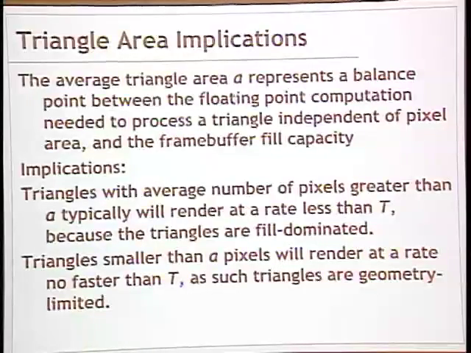So if you want to keep all the parts busy, the average triangle size will go down. If you decide to put some more resources in the fragment part, then your fragment part can handle more and more fragments, so your average triangle size should go up. So it's this balance between the two.